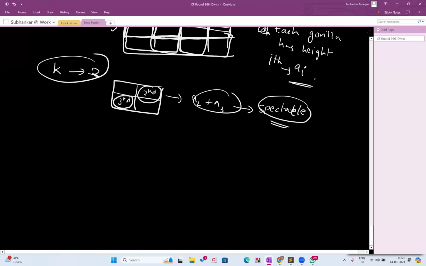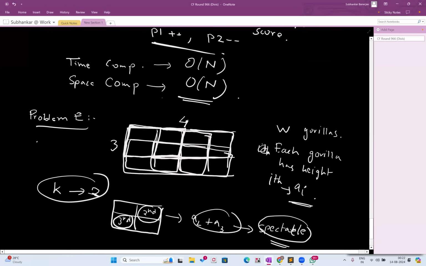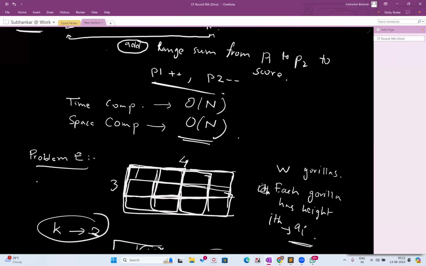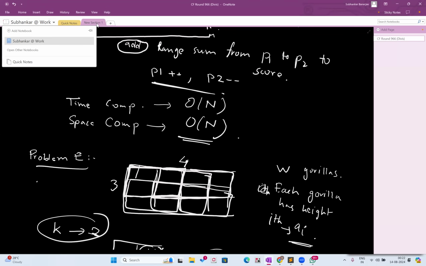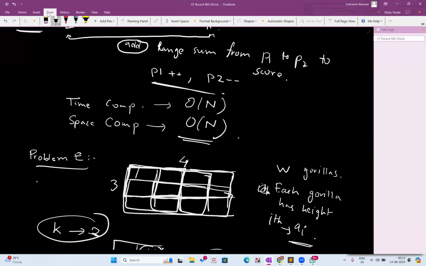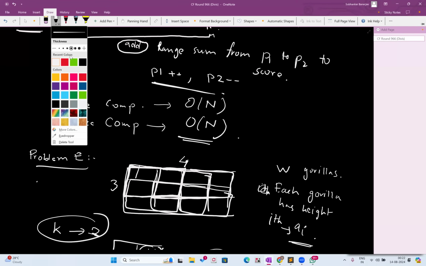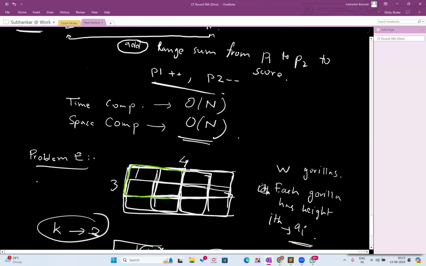So for all the k size subsquares, I'll just do it with another example. This is one of the subsquares. This is another subsquare, and another. I'll mark them with different colors.